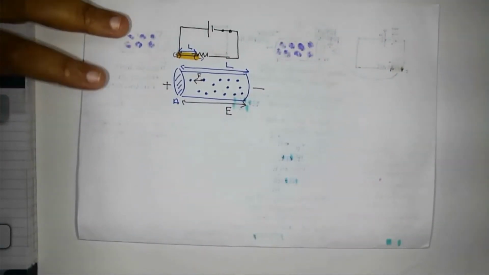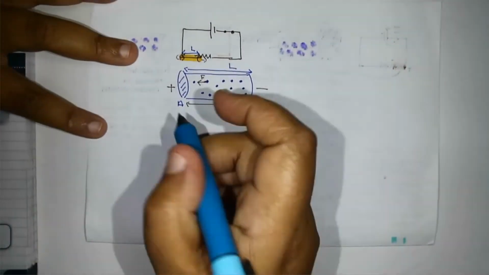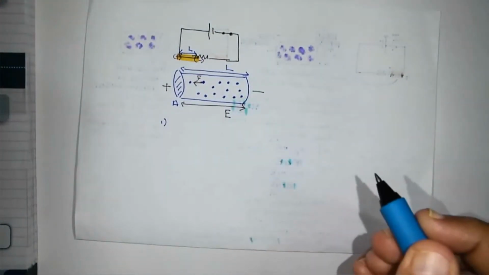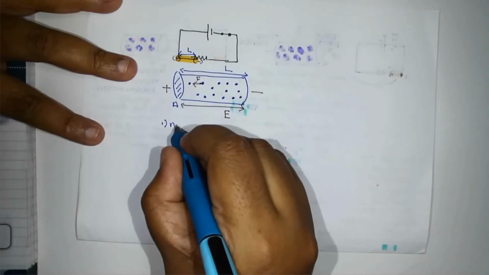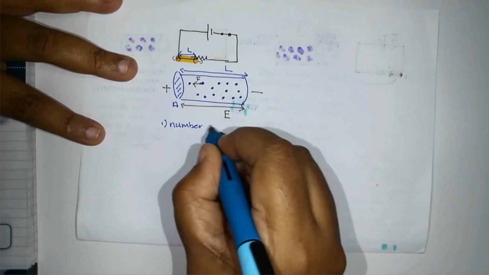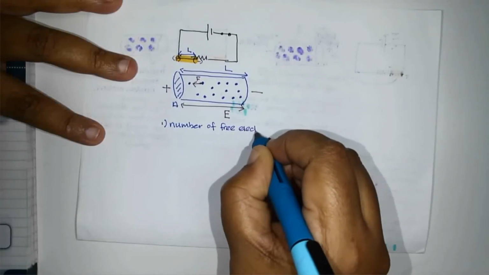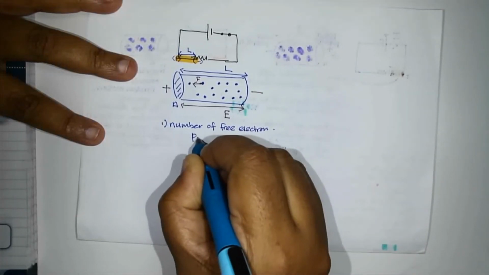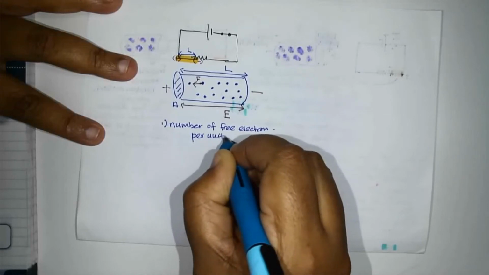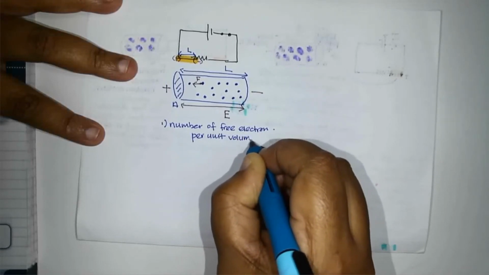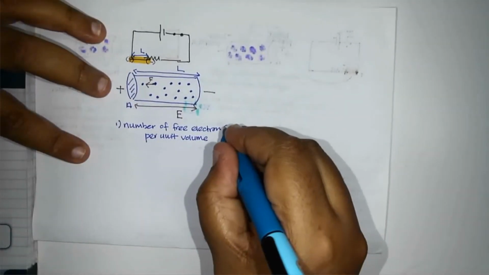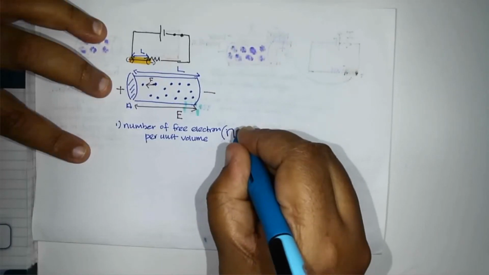First thing, you have to know how to derive the equation. Number 1, the number of free electrons per unit volume. The symbol is small n.